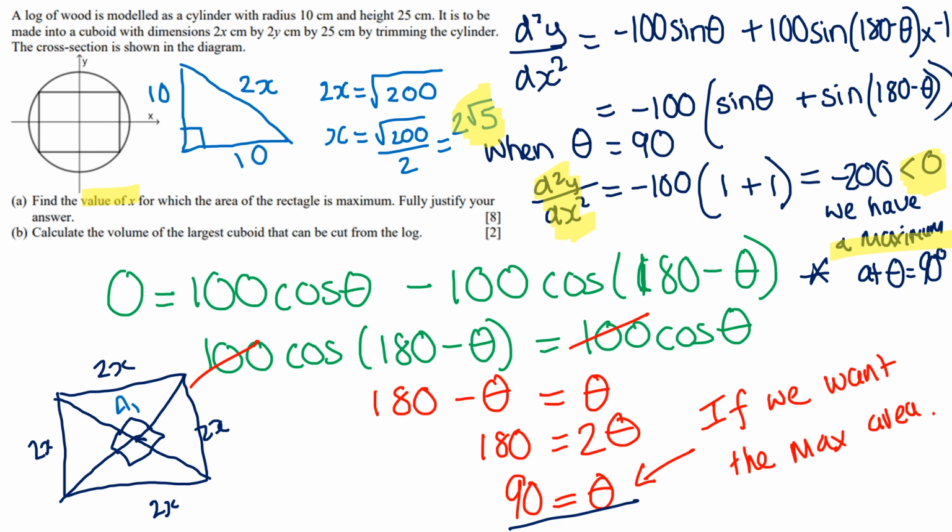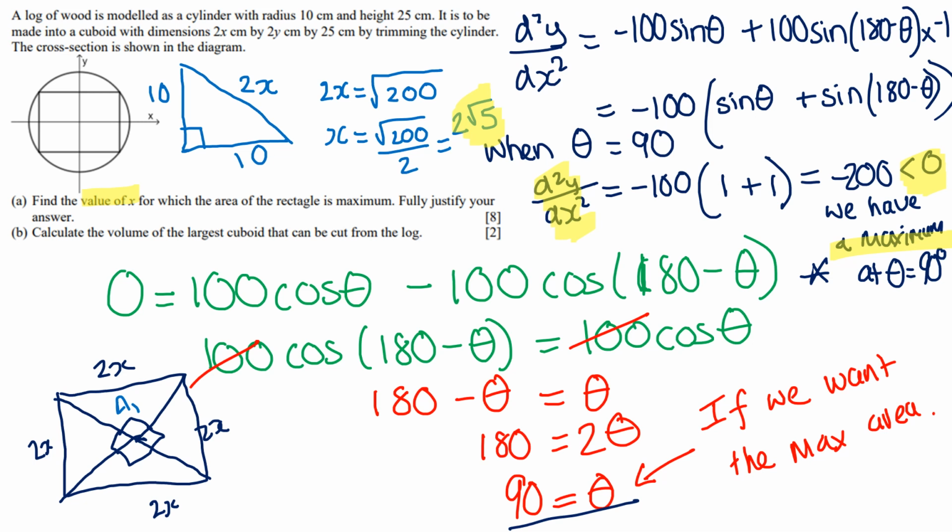And then this bit, find the volume of the largest cuboid that can be cut from the log. Volume of a cuboid. That's pretty straightforward, isn't it? So it's the area times the height of the cuboid. Let me get a different colour pen.